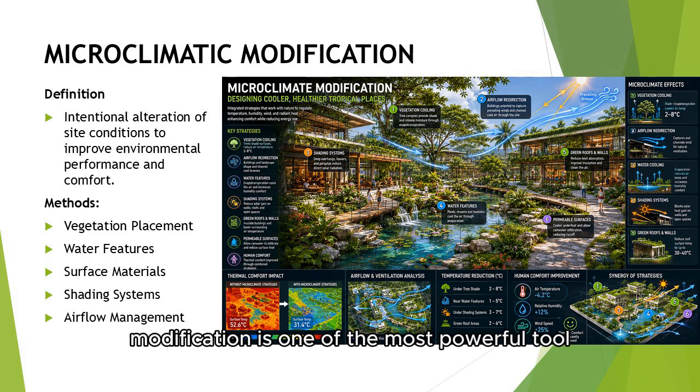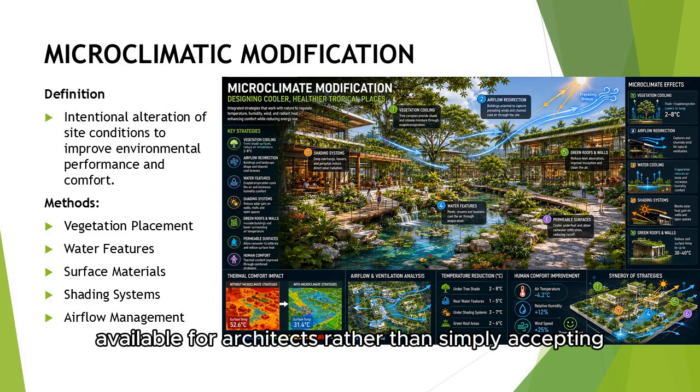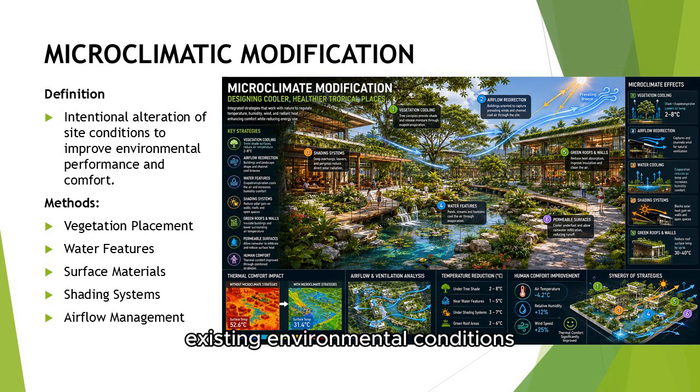Microclimatic modification is one of the most powerful tools available for architects. Rather than simply accepting existing environmental conditions, architects can strategically modify site conditions to improve comfort. This process involves influencing environmental variables such as temperature, air movement, solar exposure, humidity, and surface heat.